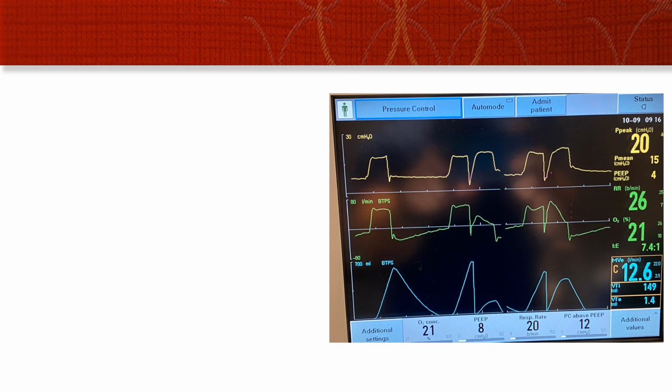All I did is go back and show the same slides from earlier of double cycling, but I want you to look at them and try to get an idea on whether the patient might be reverse cycling or double triggering. Here again, we see a pressure control waveform, and we see the respiratory rate's 26, which is faster than the set ventilatory rate of 20.